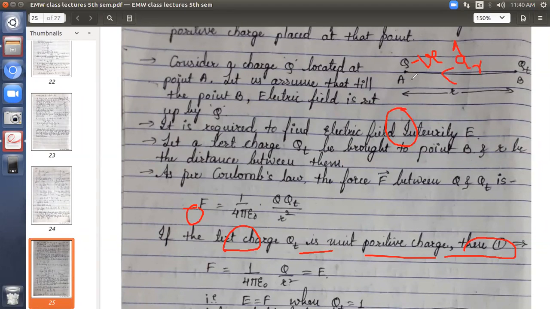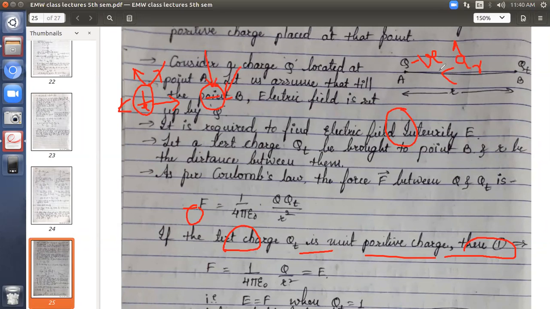This is very much evident because as per the conventions we have taken, if the charge considered is positive, the field lines will be diverging, and if you consider a negative charge, you will get converging.